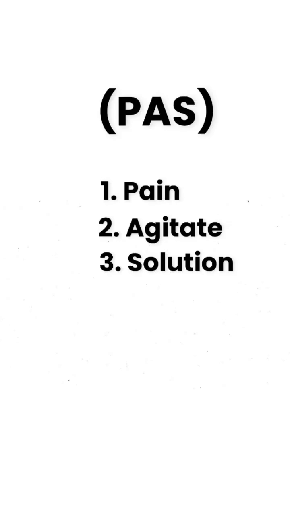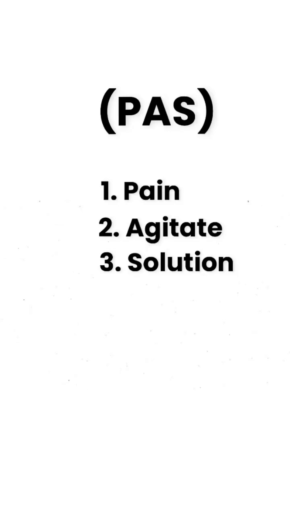As promised, here's your bonus. You want to use a simple system when conveying the message to your prospect, that is PAS. This stands for pain, agitation, and solution. So you want to start out with the pain of the problem that they're facing. You want to then agitate that pain, right?